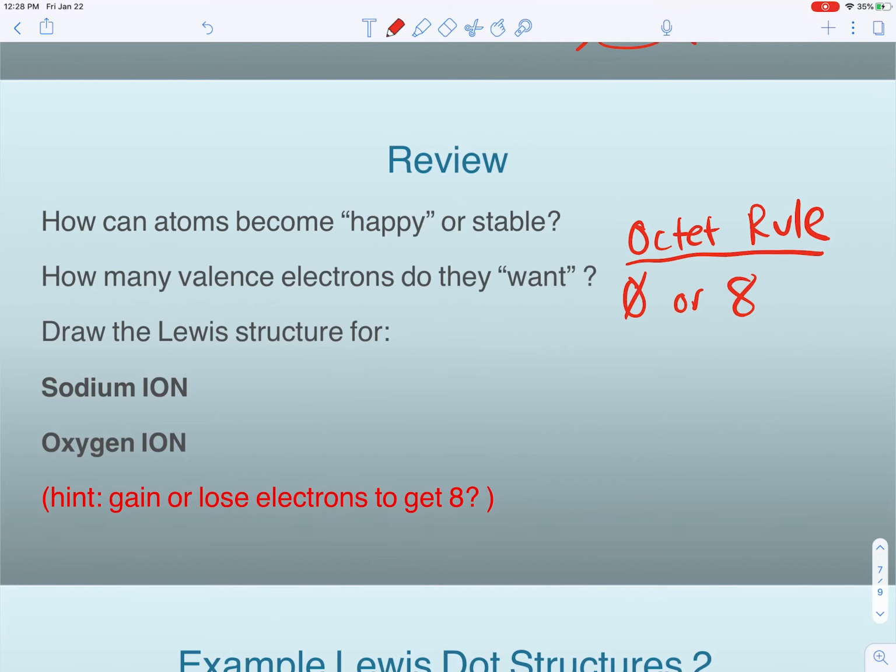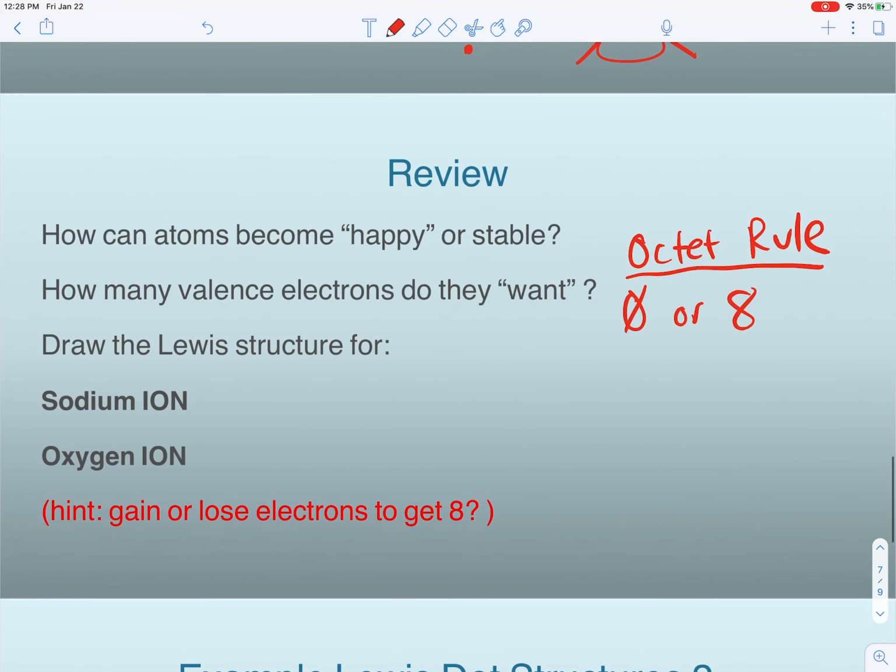So here we're going to draw the ions. Let's start by drawing the atom first. Sodium has 1 valence electron. It's in group 1. Now, if it wants to become an ion, you ask yourself, is it going to gain or lose electrons to get 8? For sodium, it's a lot easier to just get rid of this electron. So that's exactly what it's going to do.